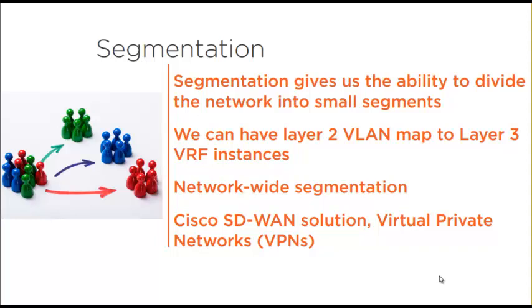But you should keep one thing in mind. Every VRF has a separate control plane. When I map layer 2 VLAN into layer 3 VRF, I'm extending the layer 2 separation via layer 3 separation. Because every VRF has a separate routing table, separate control plane.